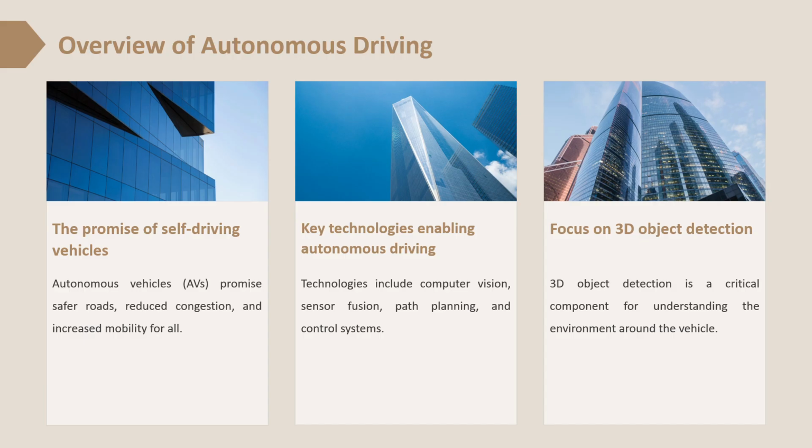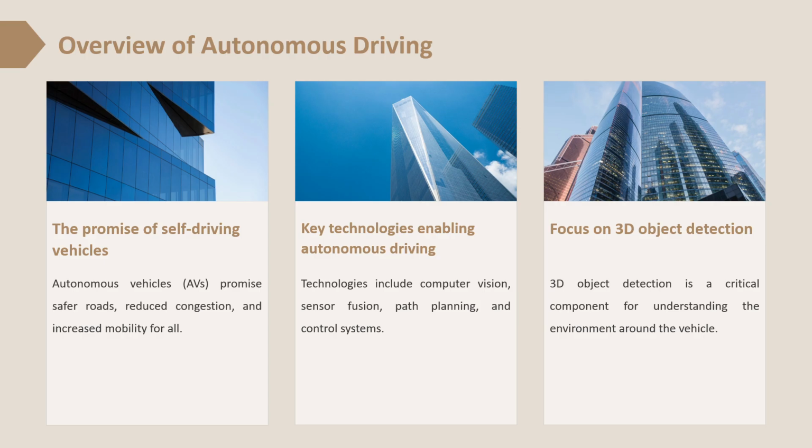Introduction. Autonomous vehicles promise safer roads, reduced congestion, and increased mobility for all. Technologies include computer vision, sensor fusion, path planning, and control systems. We need to focus more on 3D object detection because when we drive the vehicle automatically, we need to detect the object correctly.